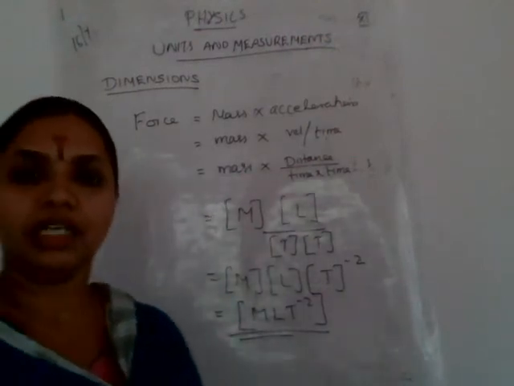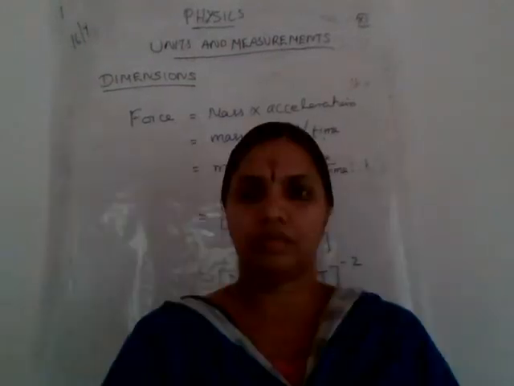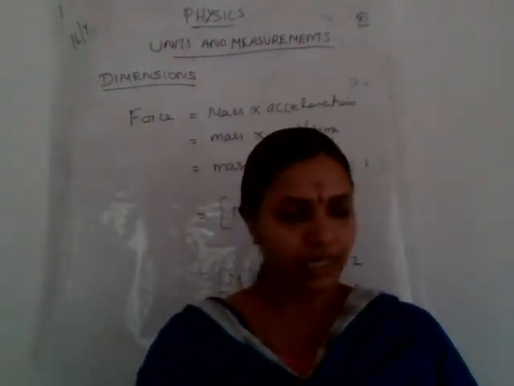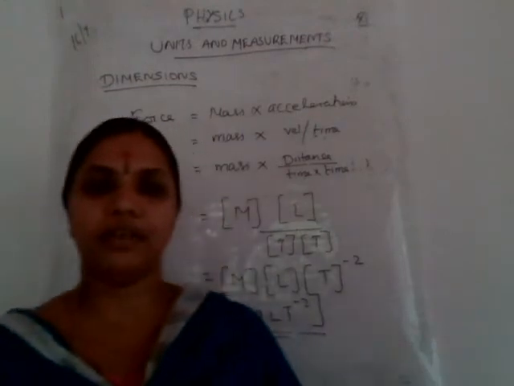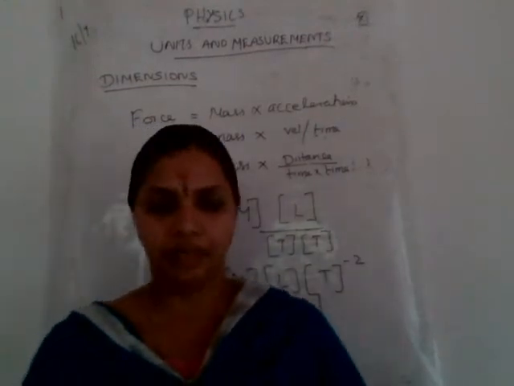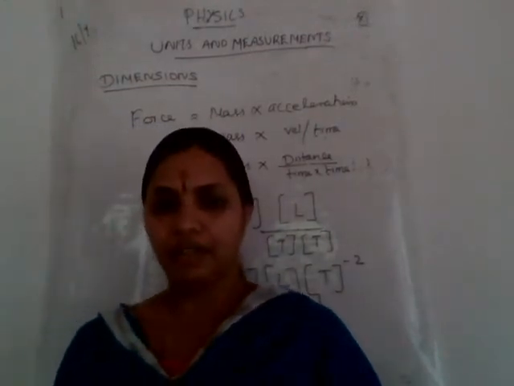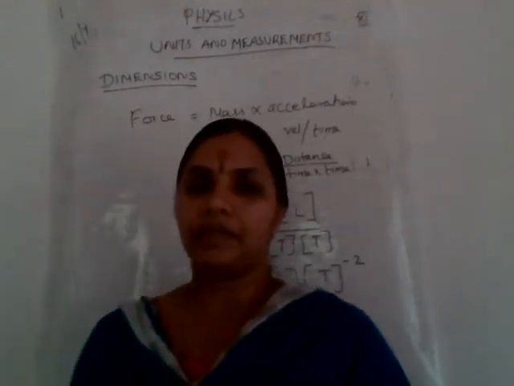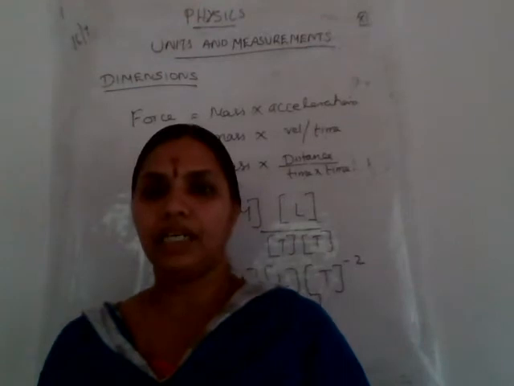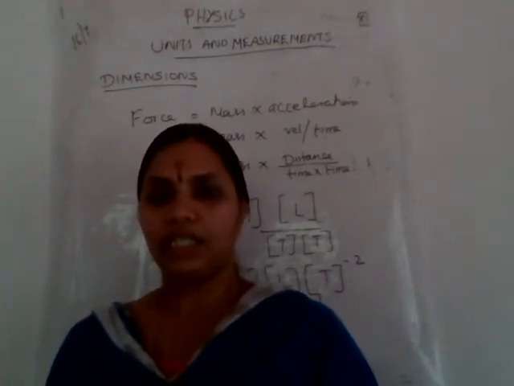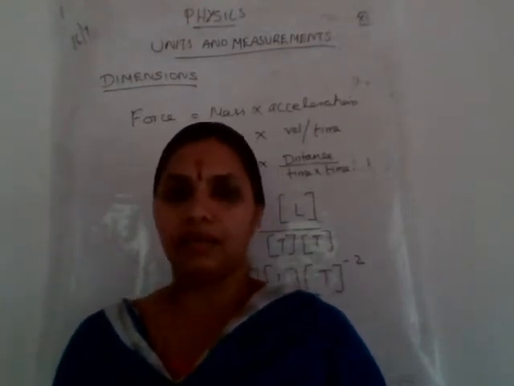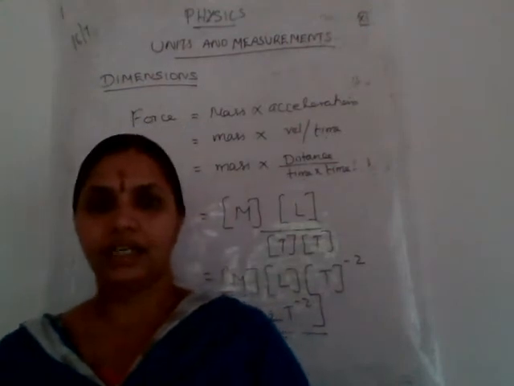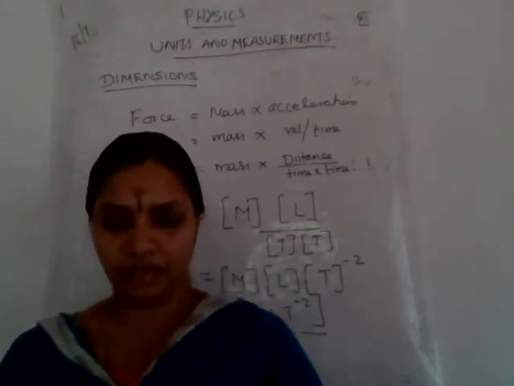Okay, so write down the next question. What do you mean by dimensions of a physical quantity? Explain with an example.